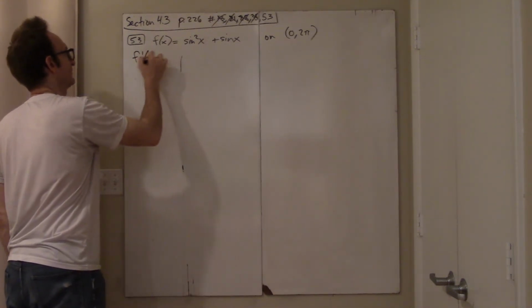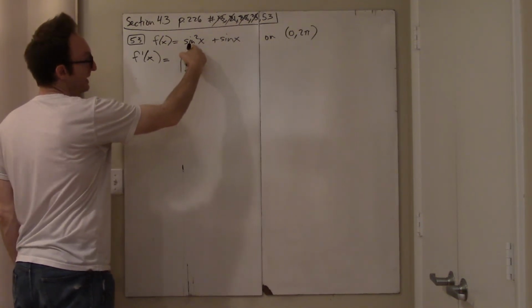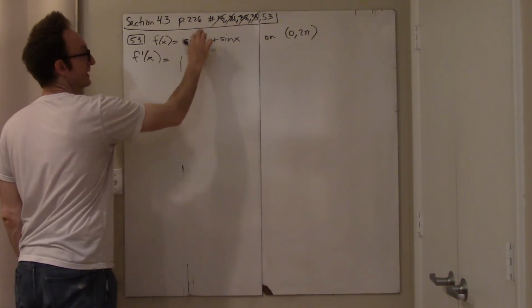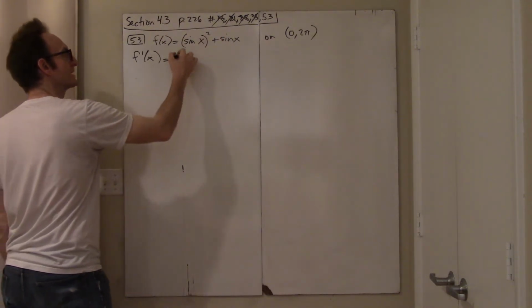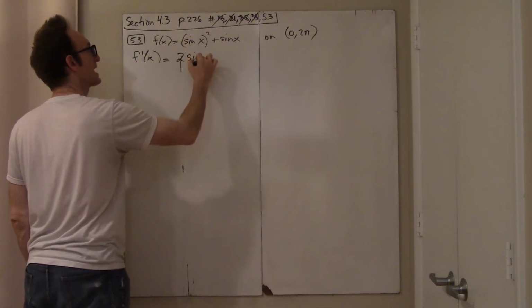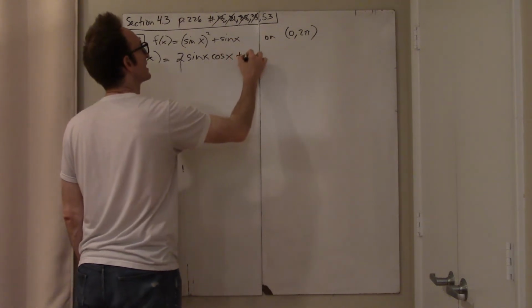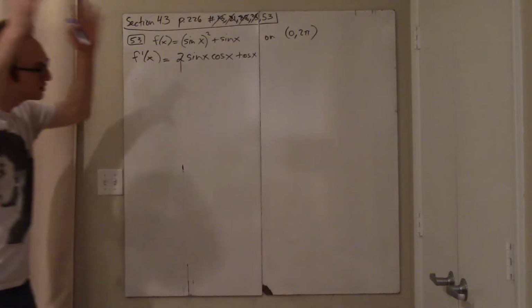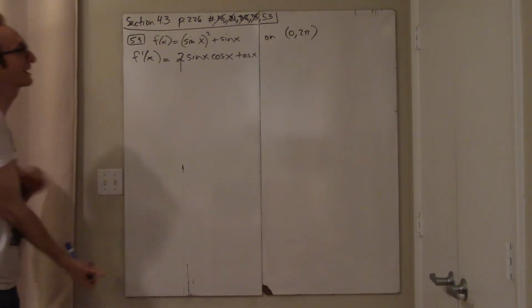Let's take the derivative. The derivative here of sine squared, don't forget, I have to do the chain rule, and it's 2 sine x, the derivative of something squared is 2 times that something, and then the derivative of sine is cosine. Okay, that took 20 seconds to take the derivative, but now we have to find out when the derivative is positive and when it's negative.